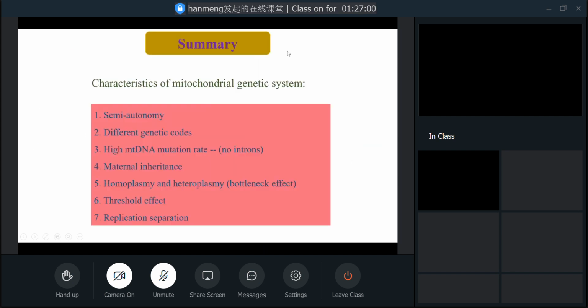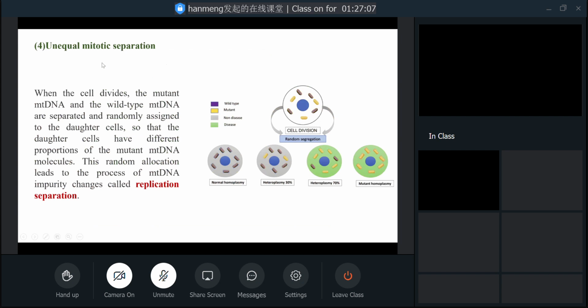So last, we have a summary for today's class. Maybe today's class you can summarize that the mitochondrial disease inheritance is harder than single gene disorder or polygenic disorder, even than the population disorder.